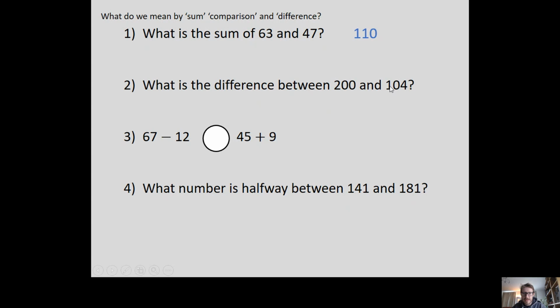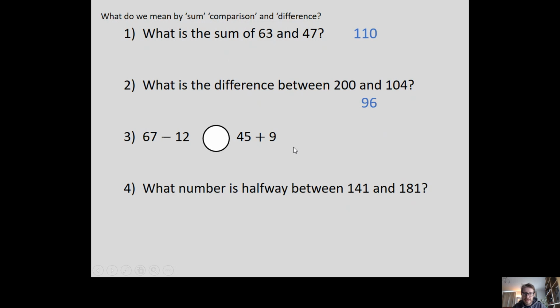If you imagine a number line that had every single number on, it is how far apart these 2 numbers are. So the way to do that would be to subtract. So you would do 200 take away 104. So sum is to add, finding the difference is to subtract. You subtract those 2 numbers and you get 96.